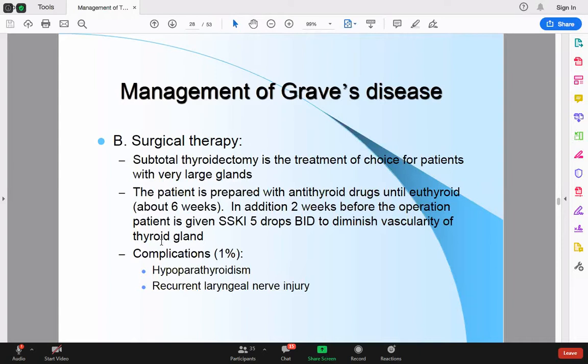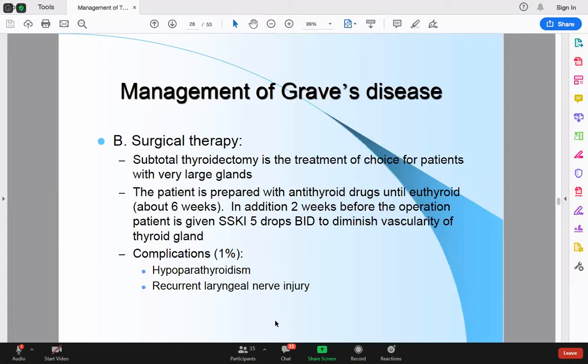Almost all people with a subtotal thyroidectomy will need a thyroid replacement, but also you may have hypoparathyroidism, because when you take the thyroid, you may take the parathyroid gland with it, and also recurrent laryngeal nerve injury.